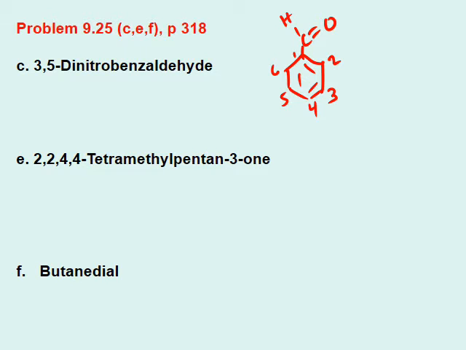Now I need to stick in nitro group to benzaldehyde, in the third and fifth location. In the third location, there is one nitro group, NO2, and in the fifth location, there'll be another NO2. And keep in mind this bonding is through nitrogen. So this gives you 3,5-dinitrobenzaldehyde.